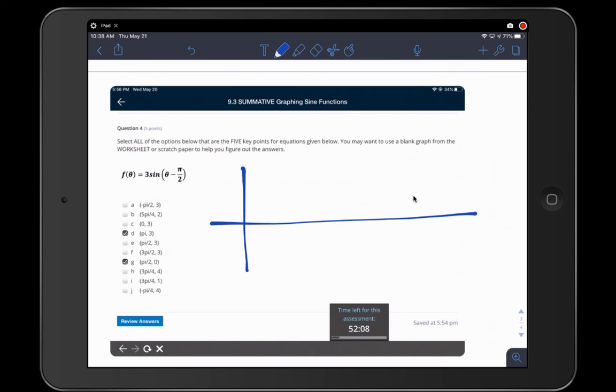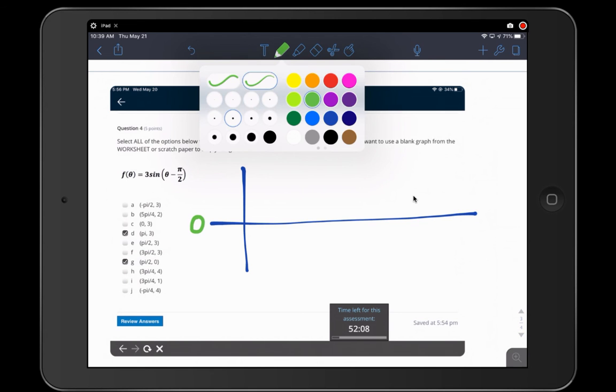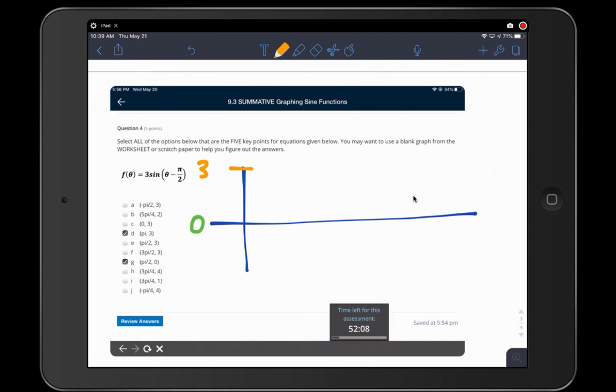And I know that my k value is 0 because there's no k listed. My amplitude is 3, so that means I'm going up to 3 and down to -3, there and there. And then I like to make a little path so that my graph looks nice.